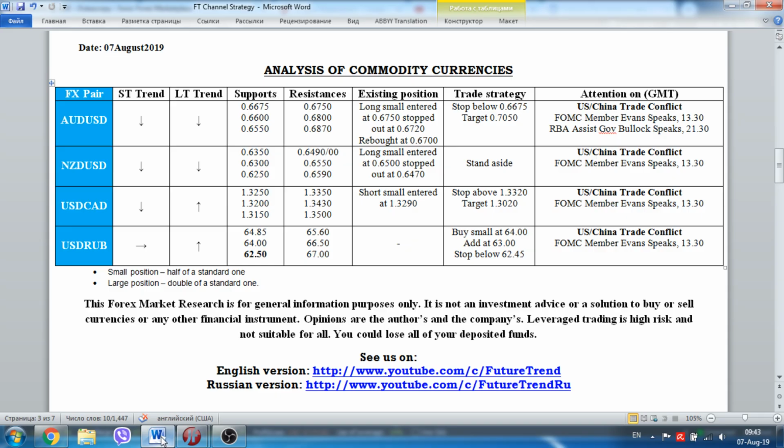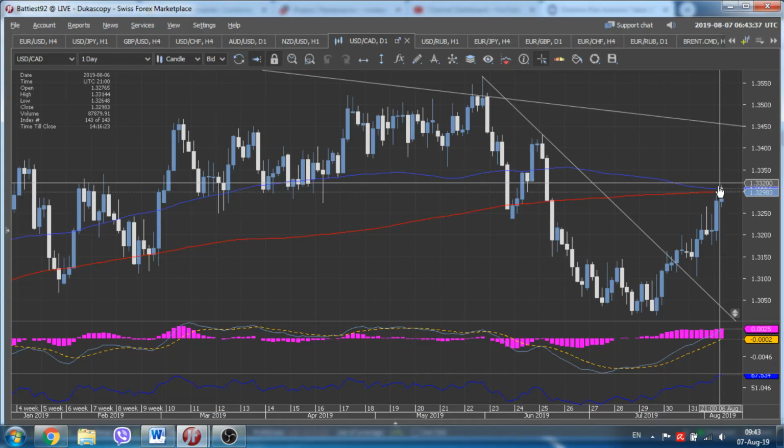Canadian dollar, if you look at the daily chart, is trying to close above two important technical indicators, the 100 and 200 moving averages. Both of them are located just around 133 or 133.05. A break and final closing above that level on the daily basis should further deteriorate the bearish perspectives of the currency.